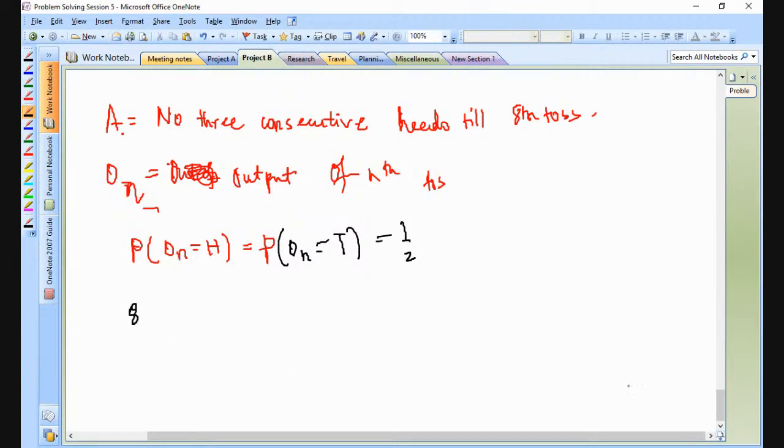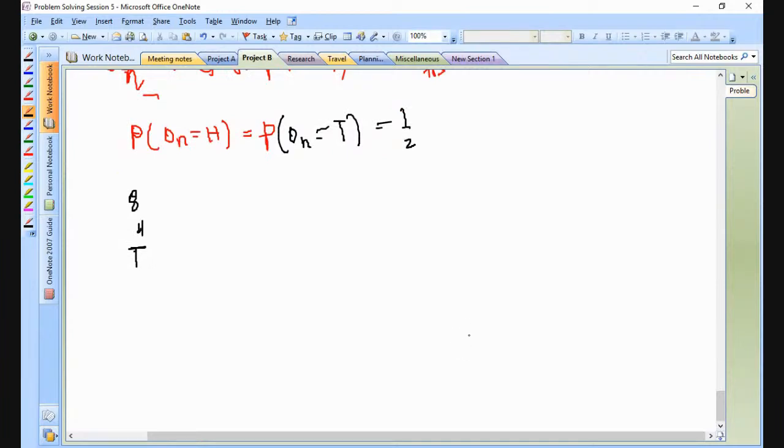Let's write it down like this. The 8th toss is tails or heads, the two cases. If the 8th toss is tails, then the 7th toss can be heads or tails.